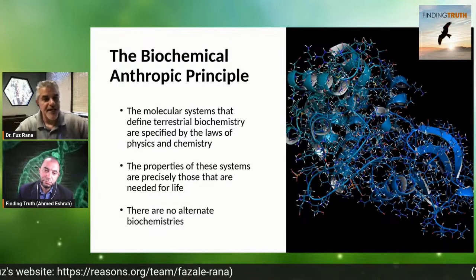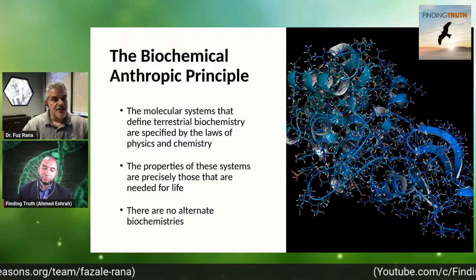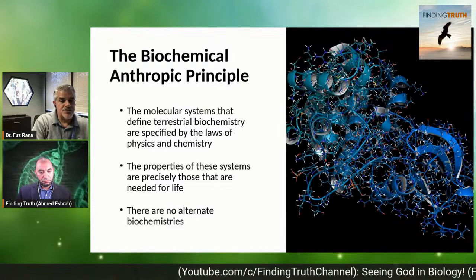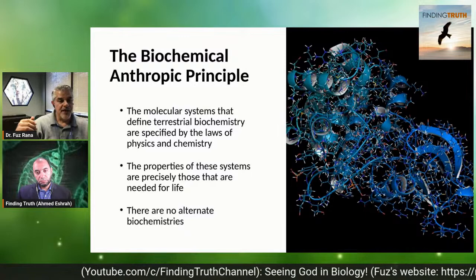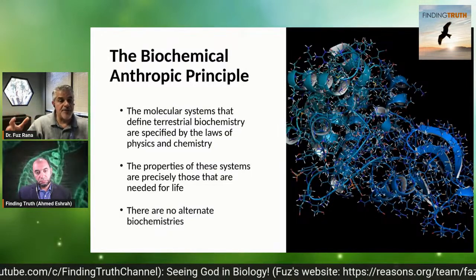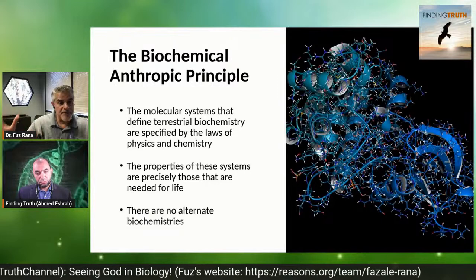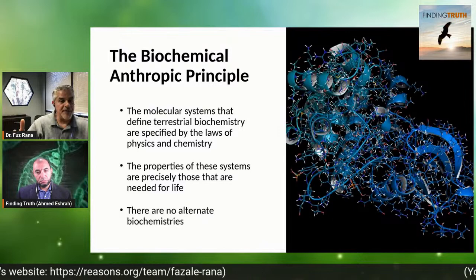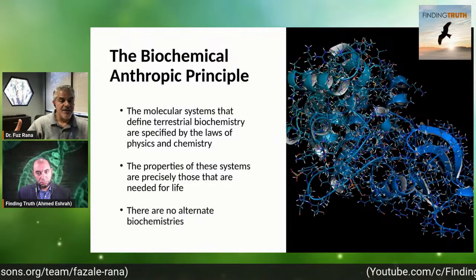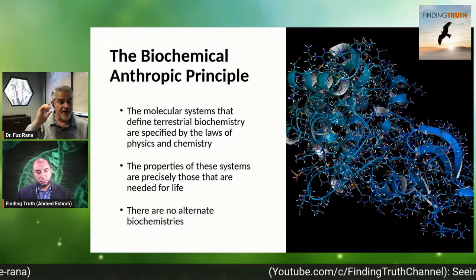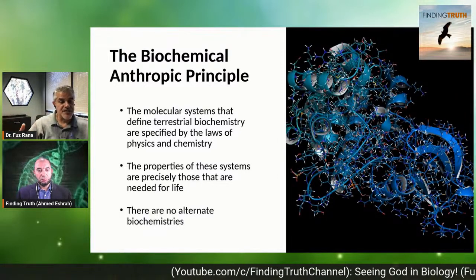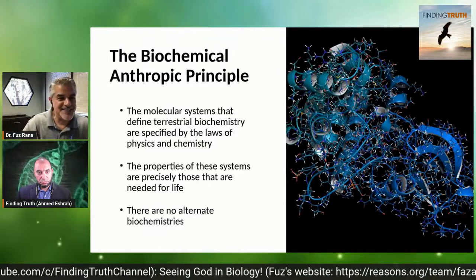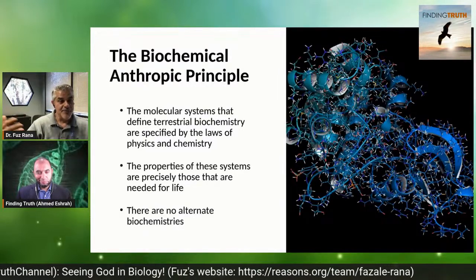So in other words, you could argue that the anthropic principle criteria is satisfied, that their properties seem to be dictated or predetermined by the laws of nature to be exactly what you need for bilayers to form, and hence cell membranes, and that there really are not alternatives to phospholipids. And that suggests that there are these very suspicious coincidences that we see when it comes to cell membranes.